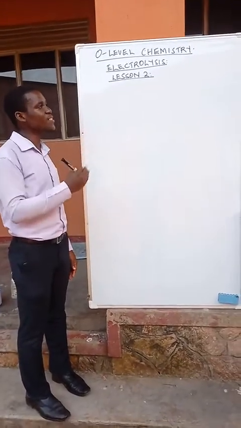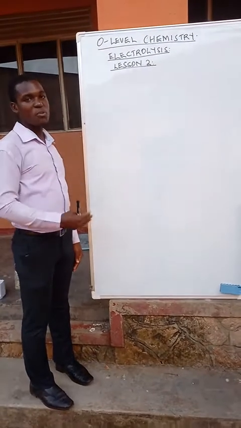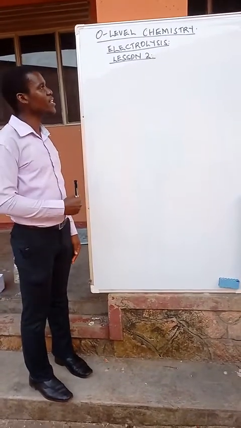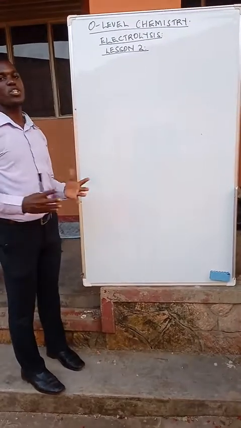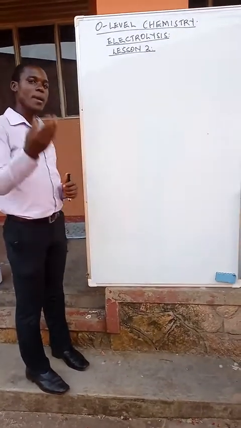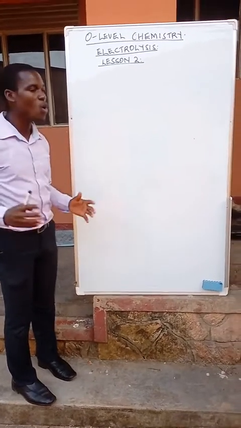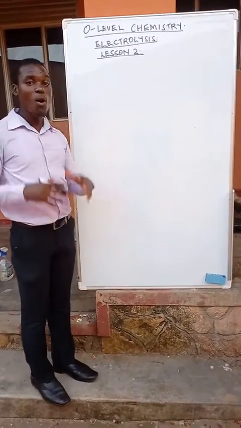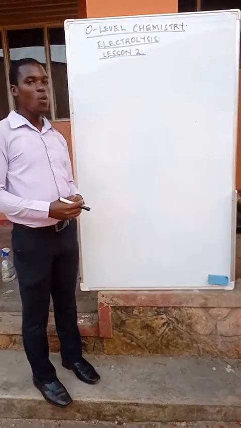I told you that lysis means to break down or to decompose, and electro comes from electricity, or call it electric current. So clearly, the breakdown or the decomposition of a compound by passing an electric current through it is what we call electrolysis.